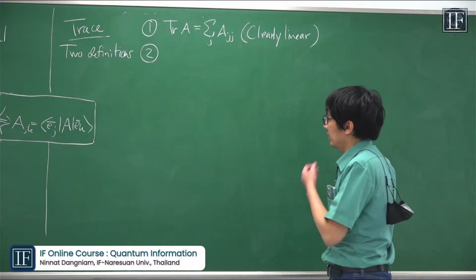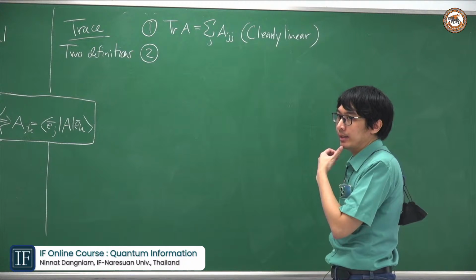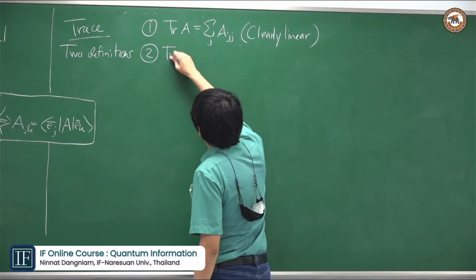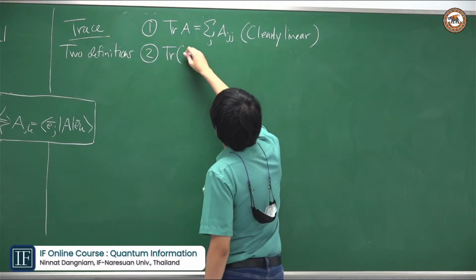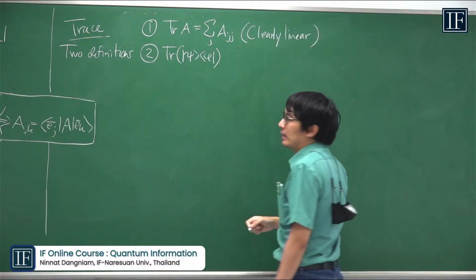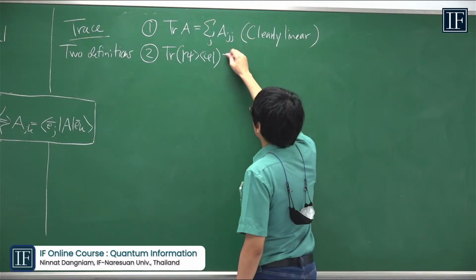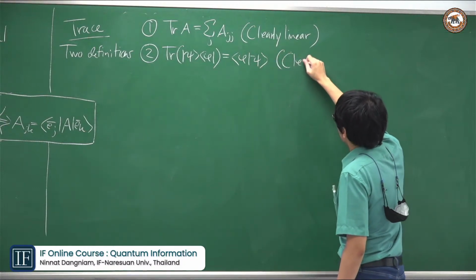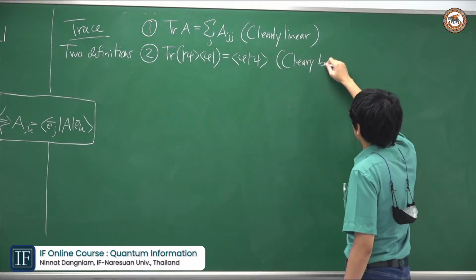Another one might be the one that you see less, but is pretty useful: the trace turns an outer product into an inner product. And the nice thing about this is that it's clearly basis independent.